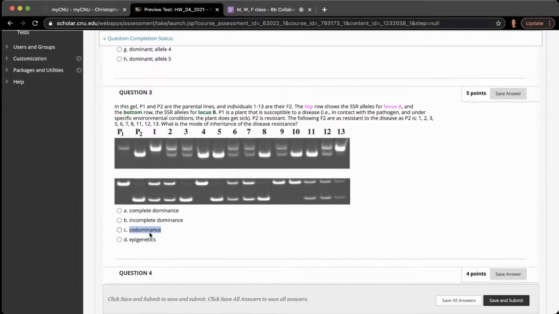So remember when I gave the example of sickle cell anemia, and I said, okay, let's look at the shape of the red blood cells. Oh, you have both types of red blood cells, some sickle shape, some round normal shape, then that's codominance.